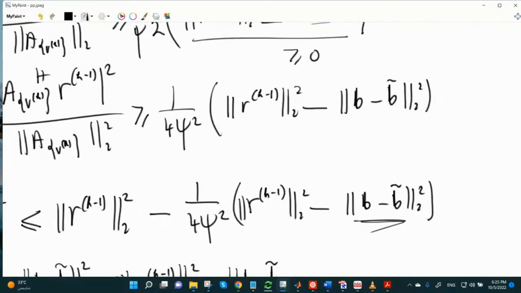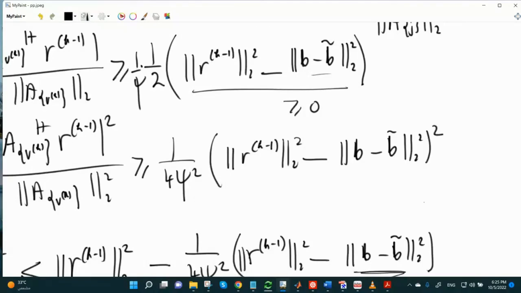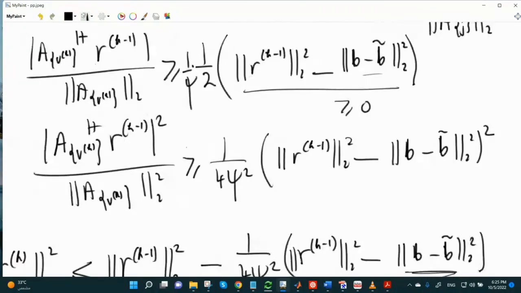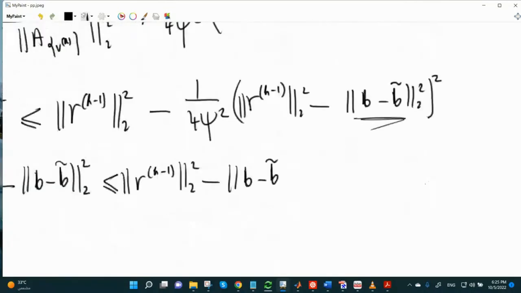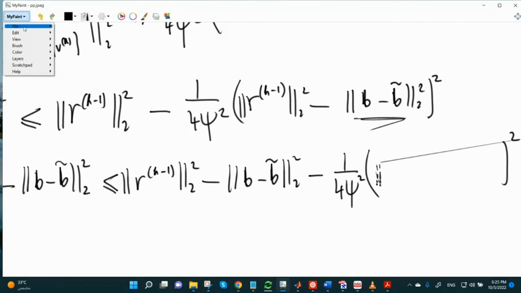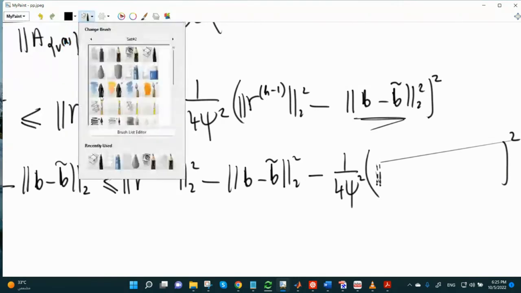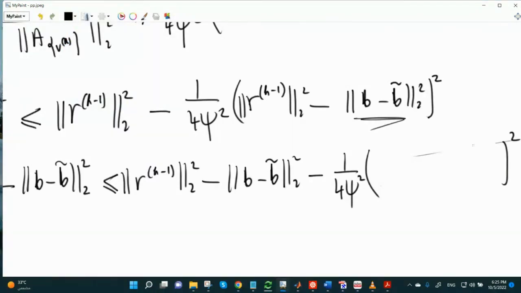I think I forgot, so this guy is squared, right? So we have this one, and then we squared here, so there is a square here. And so we have this guy, and then we have minus 1 over d, and then we have this squared, which is r of k minus 1.